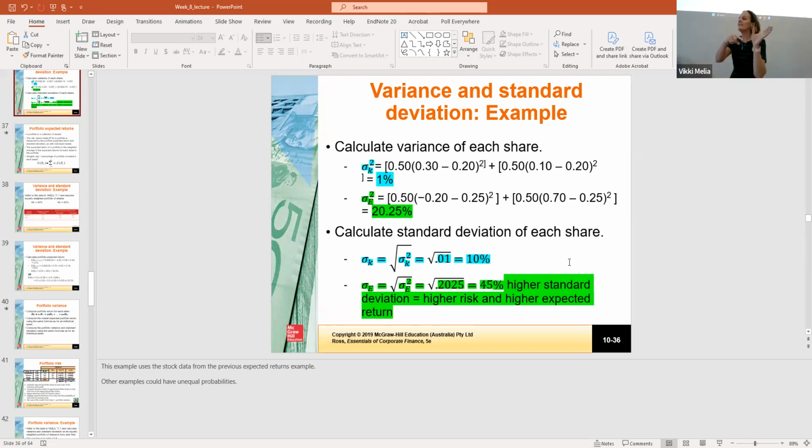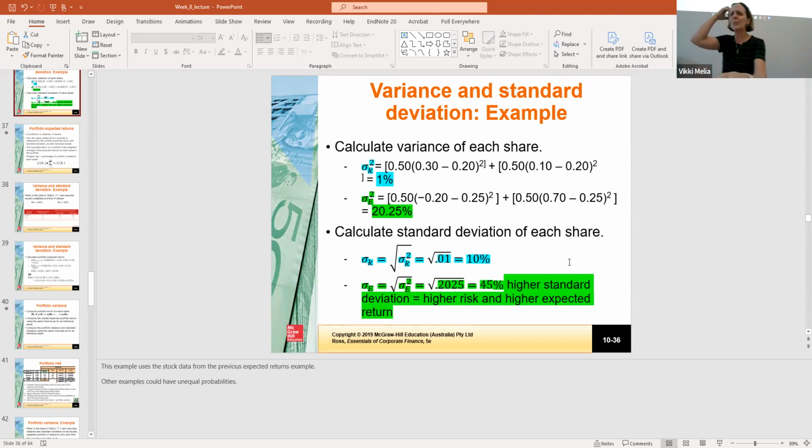So in the previous chapter that we looked at first, we looked at using historical returns, actual historical returns, to measure risk to calculate the standard deviation. But what we've just looked at now is to use expected returns in the future to measure risk, calculating the standard deviation.